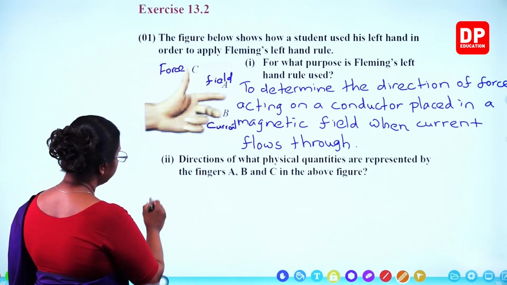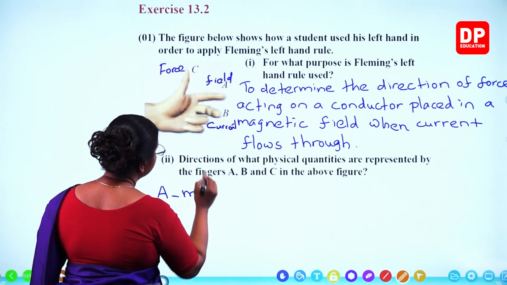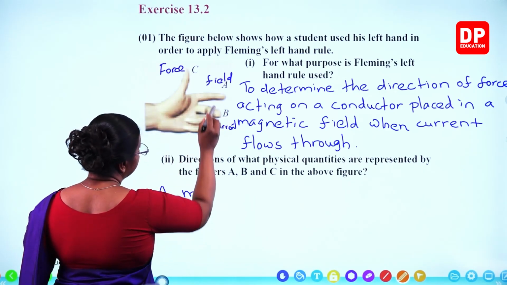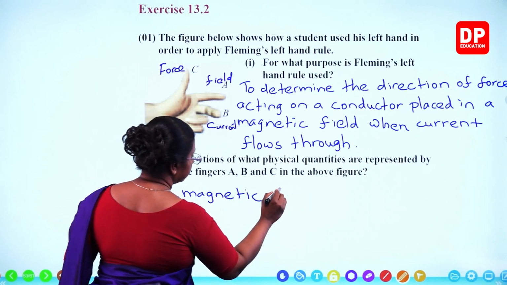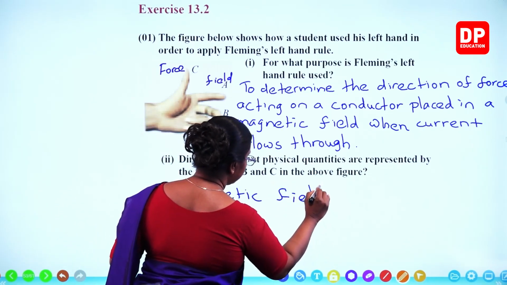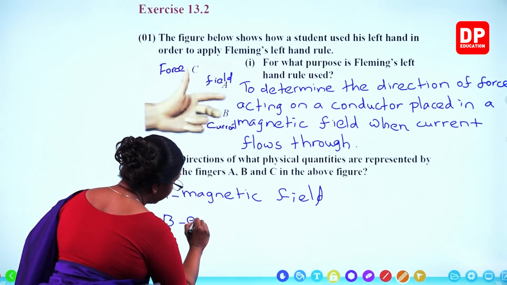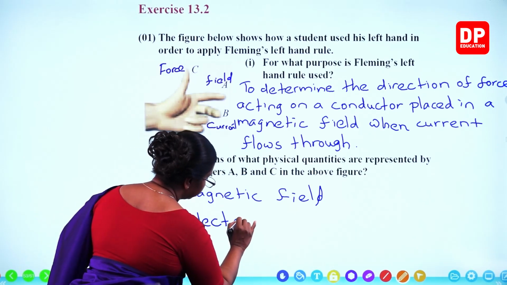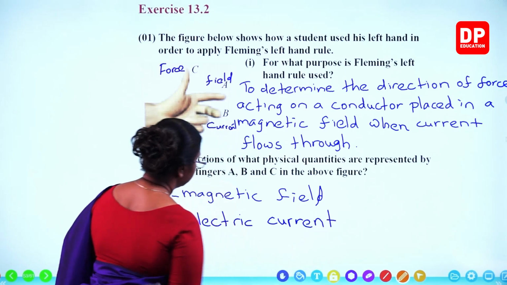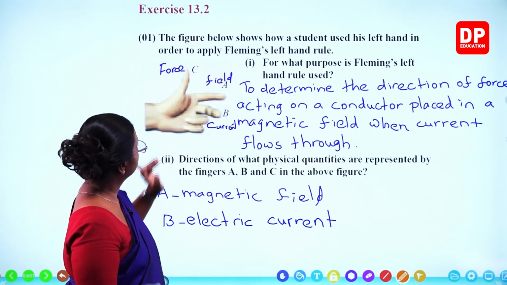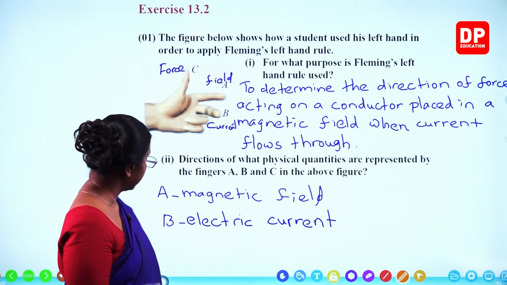So those are the three fingers. If you are to write for fingers A, B and C, here the letters are given in a different way. A is the magnetic field, that is the index finger.